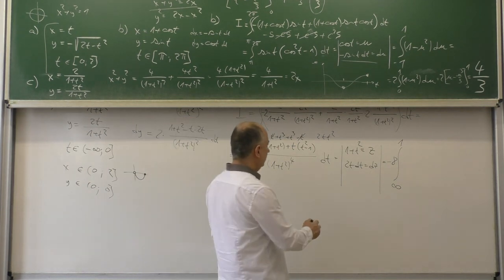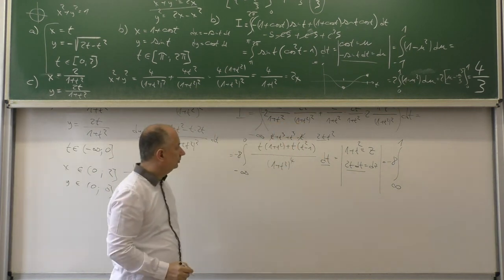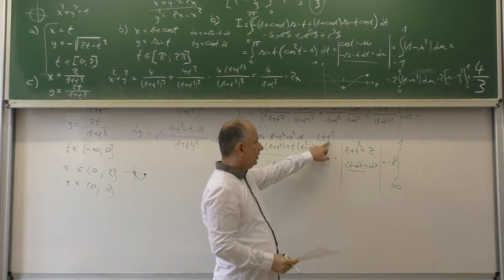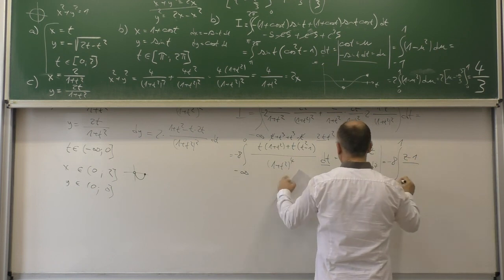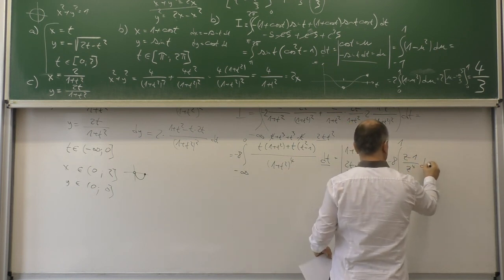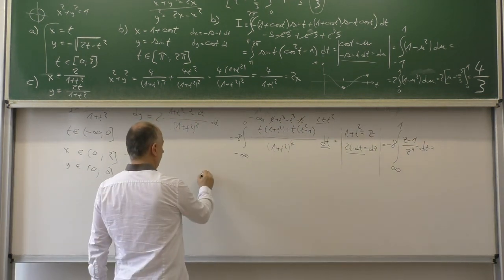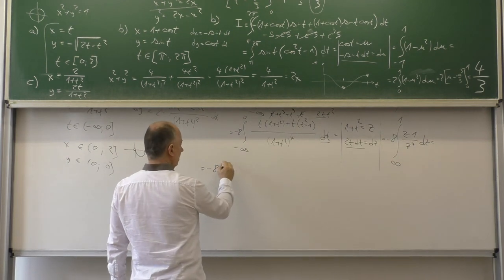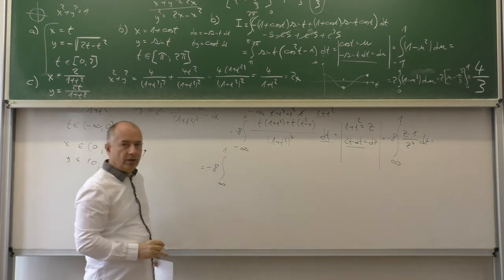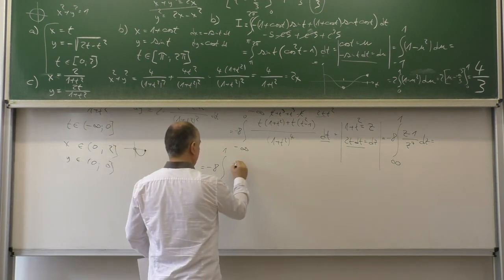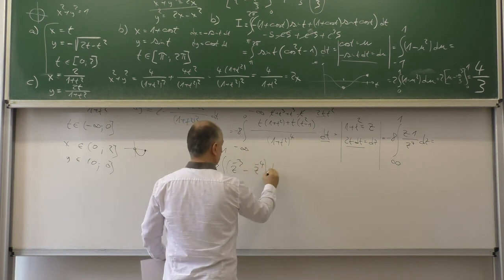And then 2t dt is dz, and what remains is t squared, which is z minus 1, divided by z to the 4. But this is easy to evaluate. This is the integral from infinity to 1 of z divided by z to the 4, which is z to minus 3 minus z to minus 4, dz.